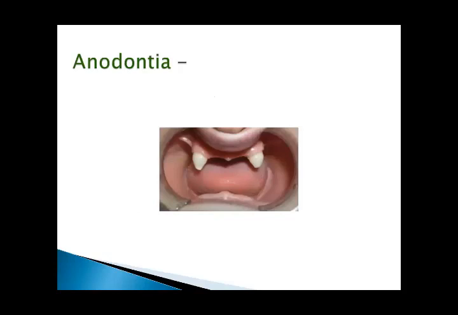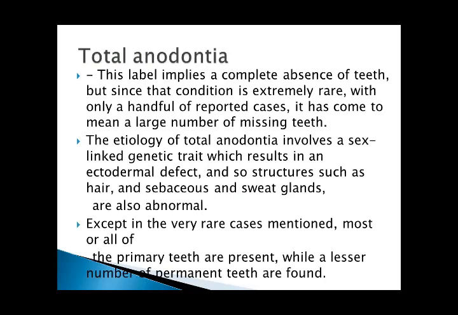In oligodontia, the teeth are partially present. Total anodontia. This label implies a complete absence of teeth, but since that condition is extremely rare, with only a handful of reported cases, it has come to mean a large number of missing teeth.